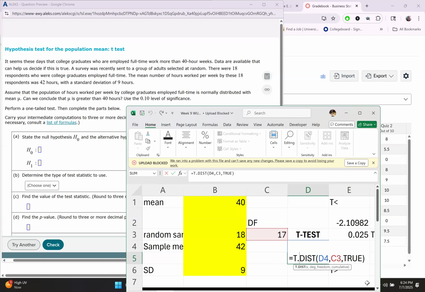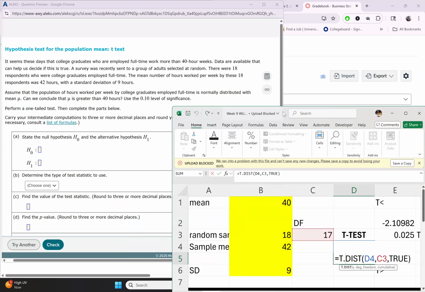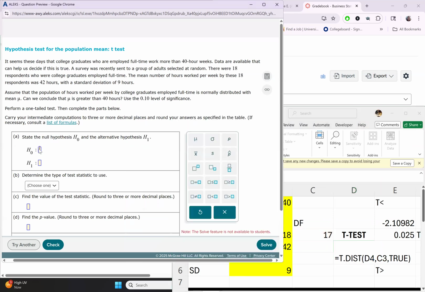Okay, so in this case, what is this going to look like? What are we going to put here? What is the null hypothesis? What is the alternative hypothesis? What are they asking? Assume that the population of hours worked per week by college graduates employed full-time is normally distributed with a mean mu.